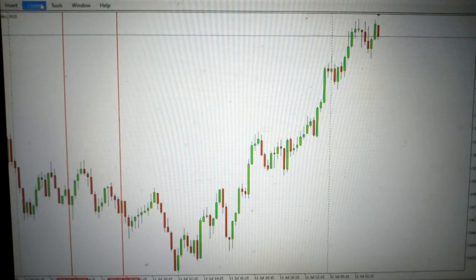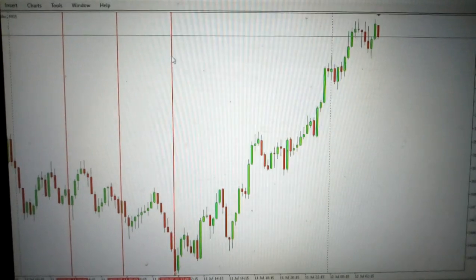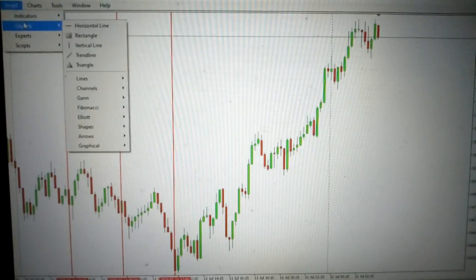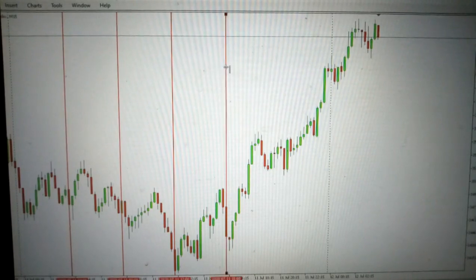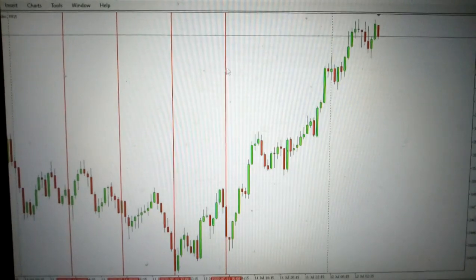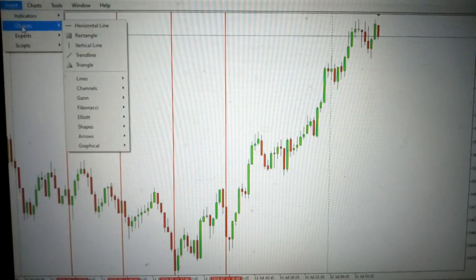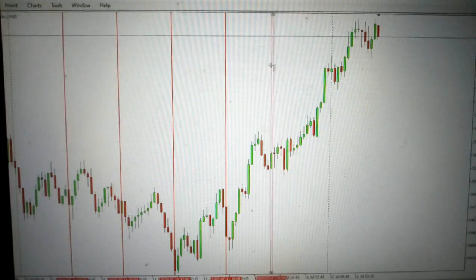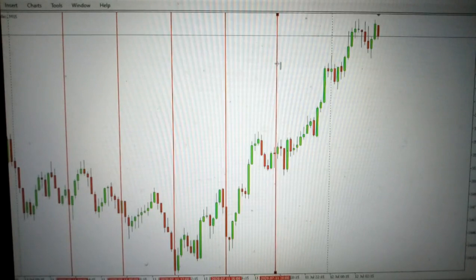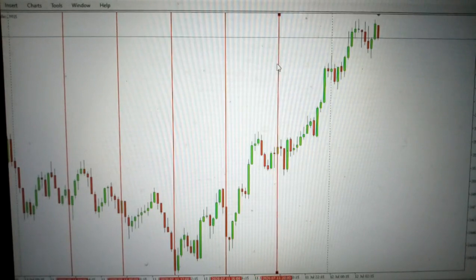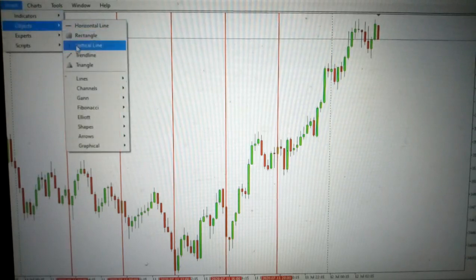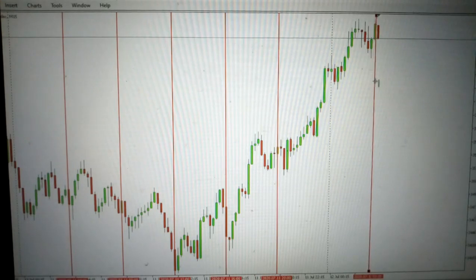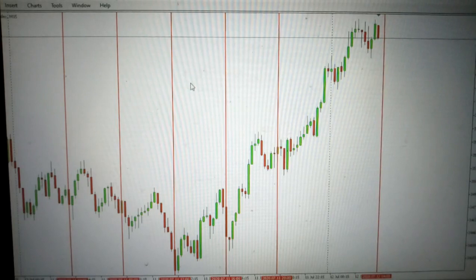Okay, there's another one. So what I'm trying to do is to divide my chart into 4-hour periods so that I can analyze V75 with Mega Smash strategy. Okay, that's that.